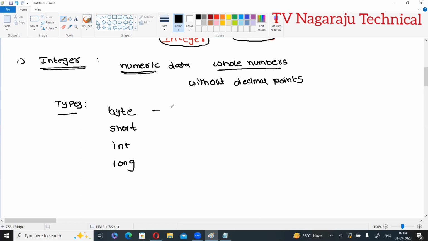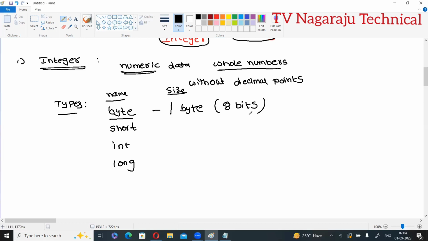Byte. What is the size? 1 byte. This is the data type name, and this is the size. Size specifies how much memory is allocated for a variable. For this data type, it allocates 1 byte, which means 8 bits.